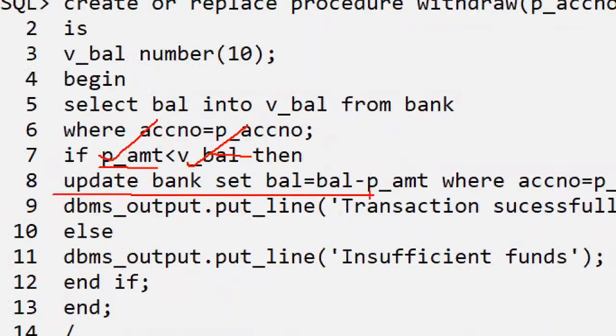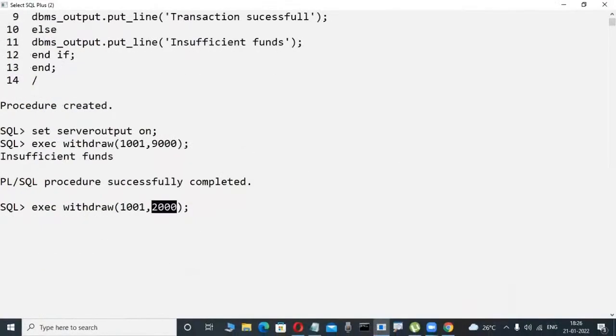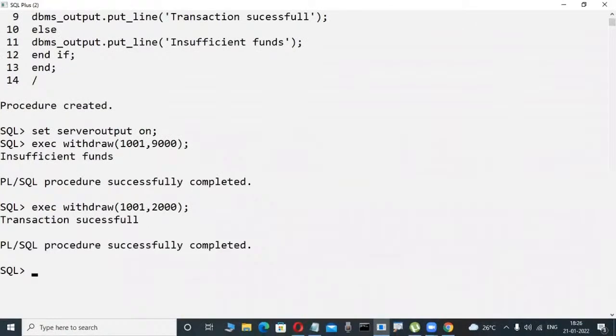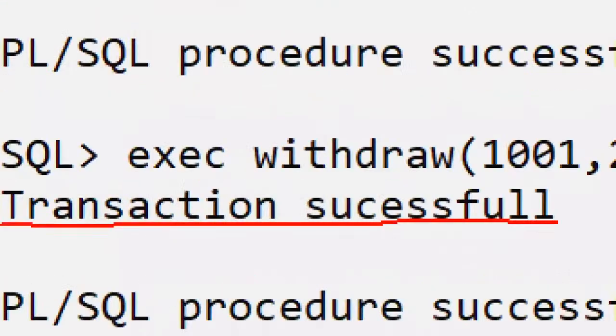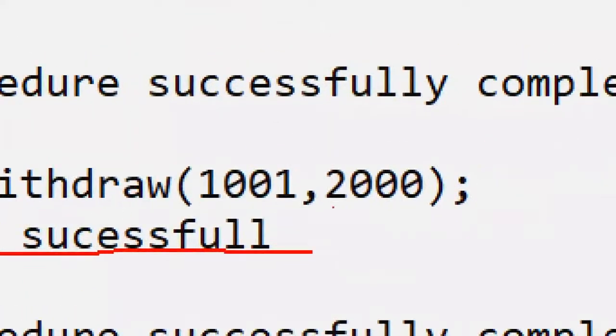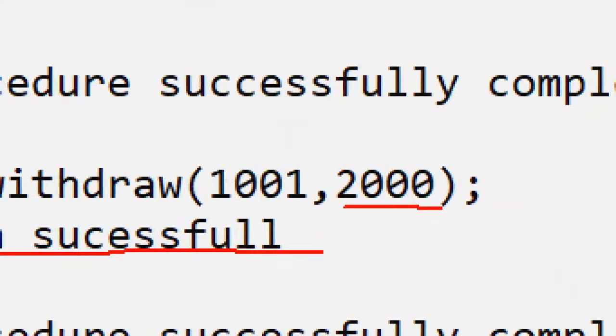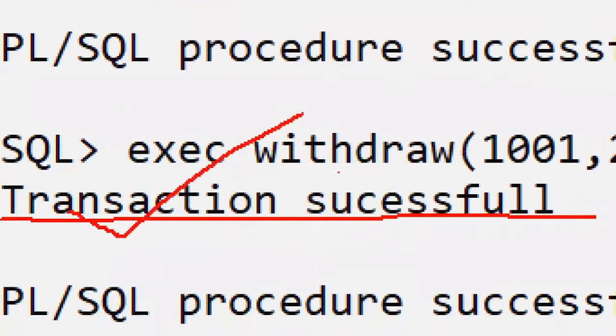Updating means modifying it. The transaction is successful. Now whenever I execute, the message transaction successful will be displayed automatically, since you withdraw 2,000 rupees from 3,000 rupees.